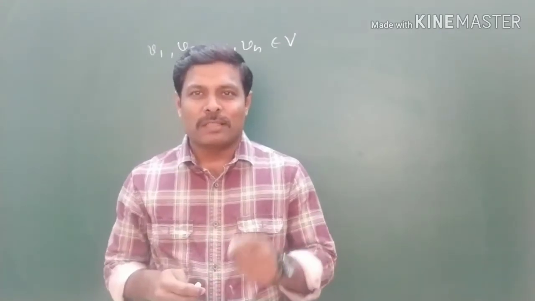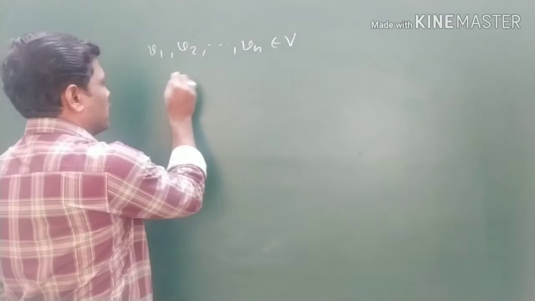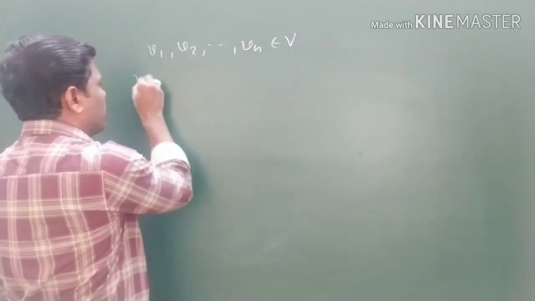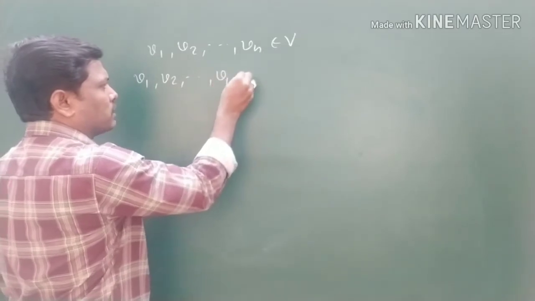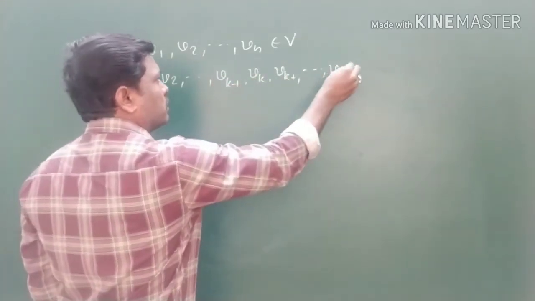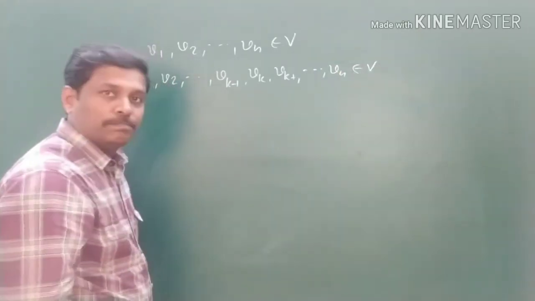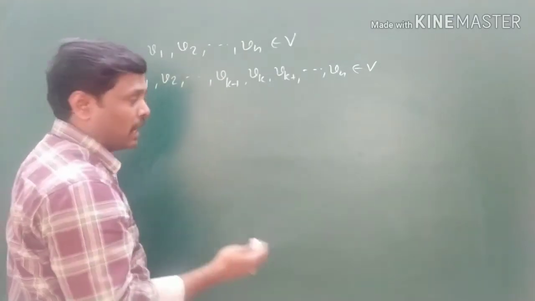show that one vector, so we are selecting this one vector. Suppose these are the vectors, I am writing these vectors like this: v1 up to vk minus 1, vk, vk plus 1 up to vn, these are members of V. Now I am supposing these are linearly dependent in the second case.